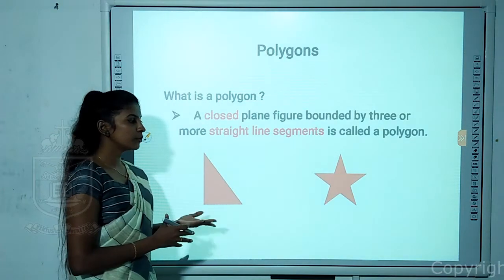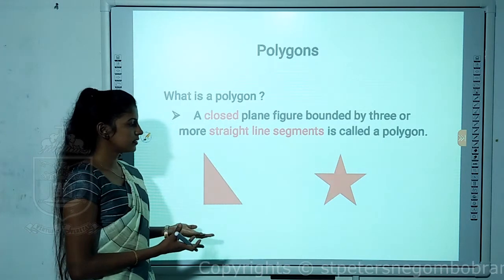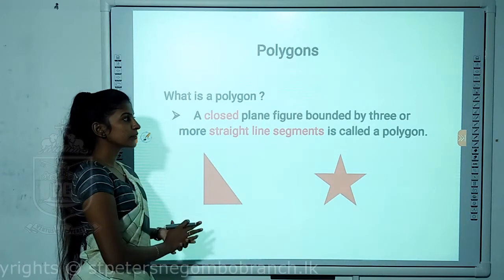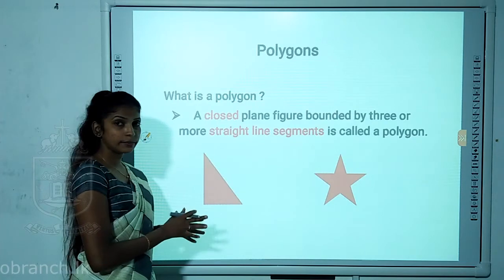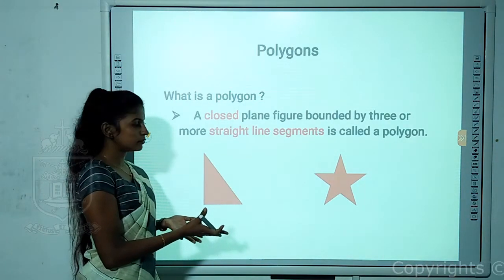At the same time both have straight line segments, no curved lines can be seen here. It's all straight, and it's a closed figure. It should be a plane figure, not three-dimensional, bounded by three or more straight line segments.